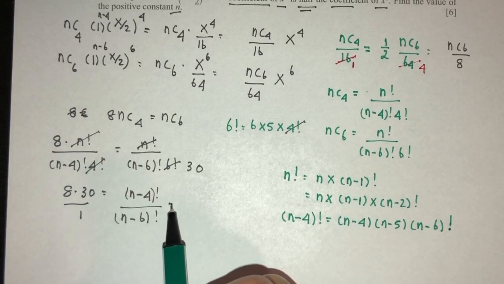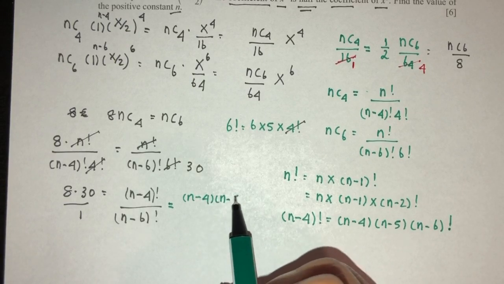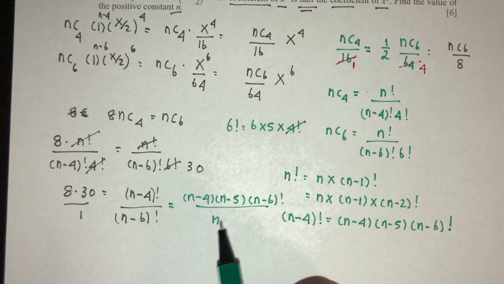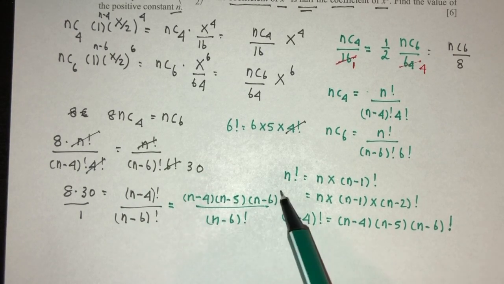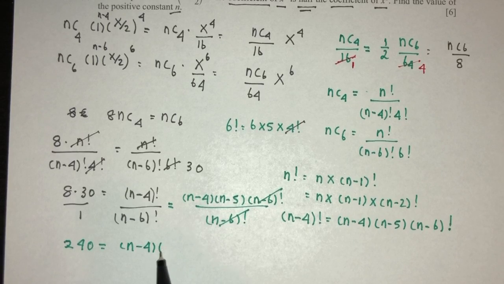So we can replace this here by this one: n minus 4, n minus 5, and n minus 6 factorial over n minus 6 factorial. So these two will cancel out. Now you will have 240 is equal to n minus 4 times n minus 5.